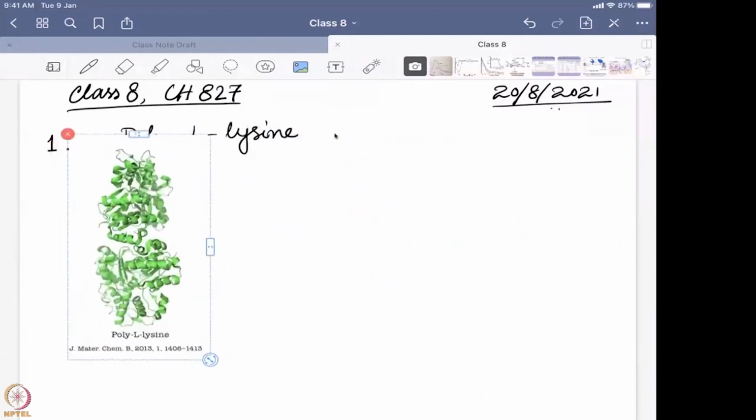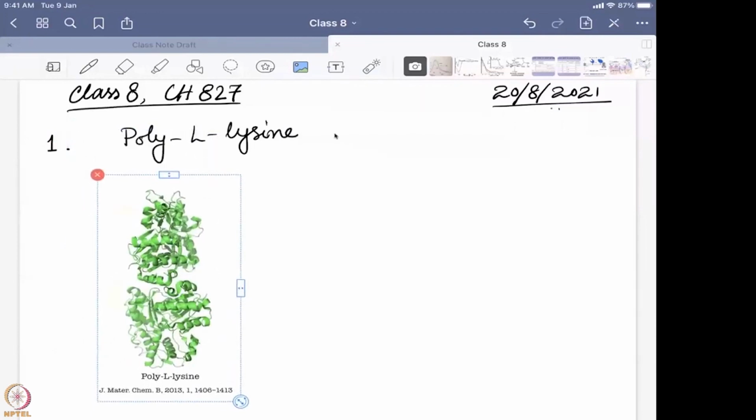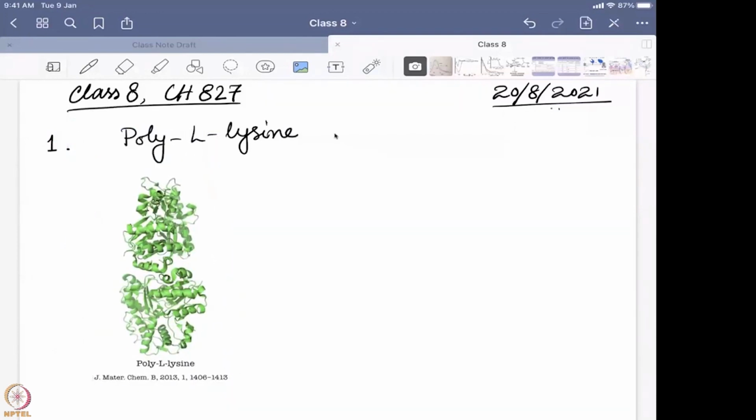Okay, so this is the structure of polylysine, which is nothing but a continuous sequence of lysine, like hundreds of lysines next to each other.